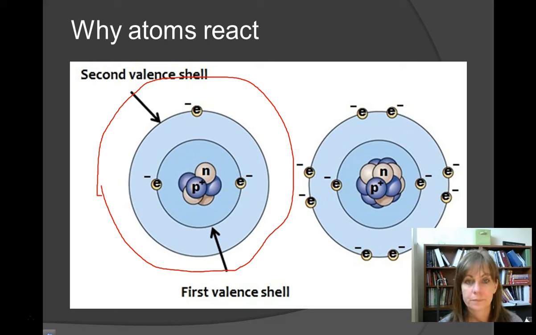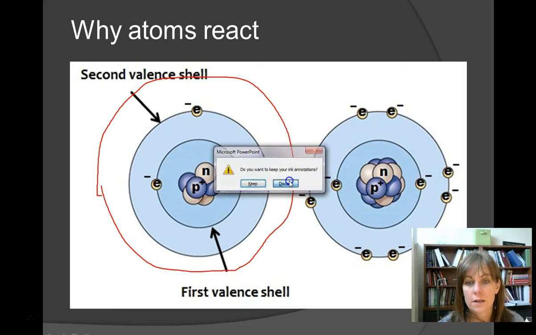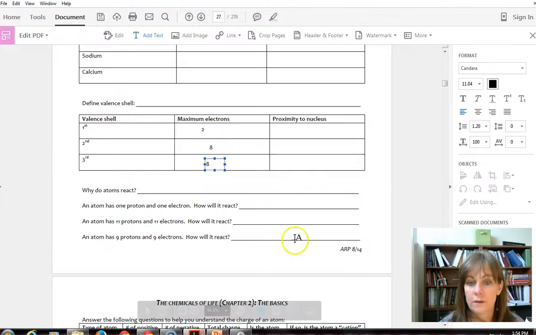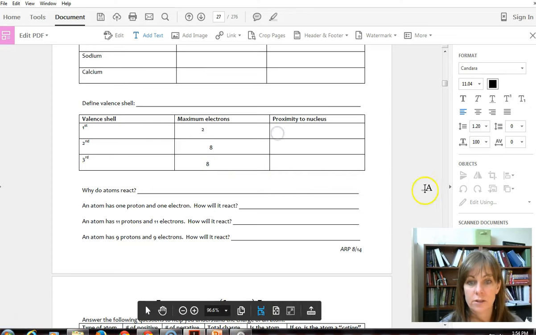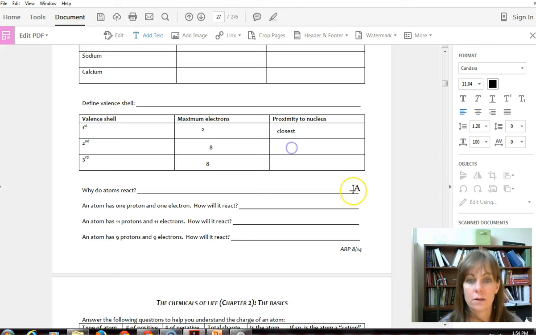Okay? All right. So if you're going to fill that in here, proximity to the nucleus, closest in the middle, and here for the third shell, it's going to be farthest away.